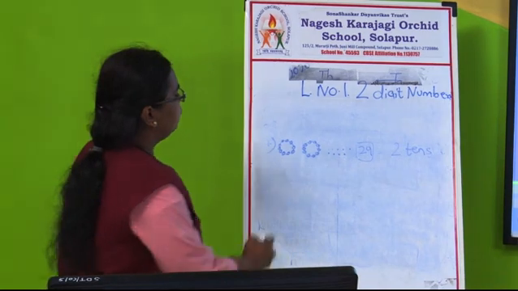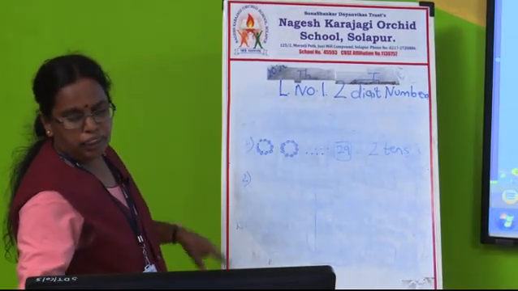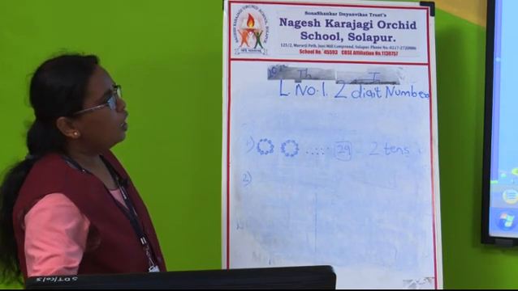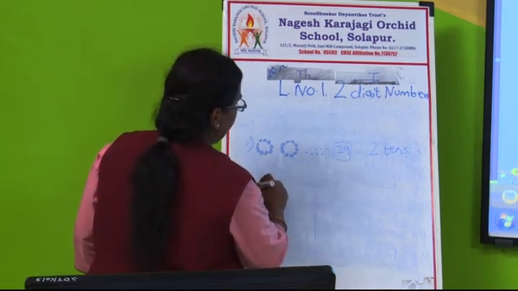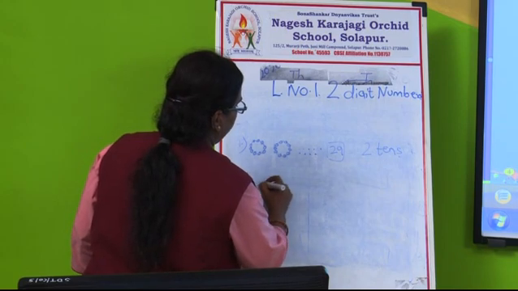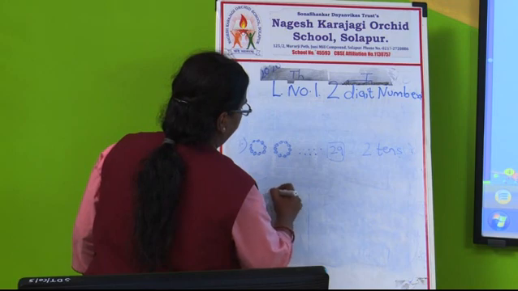Then next is pencils. How many tens are there and how many ones? You want to tell how many tens are there. There is only one bundle of 10 pencils, counting 3, 4, 5, 6, 7, 8, 9, 10.